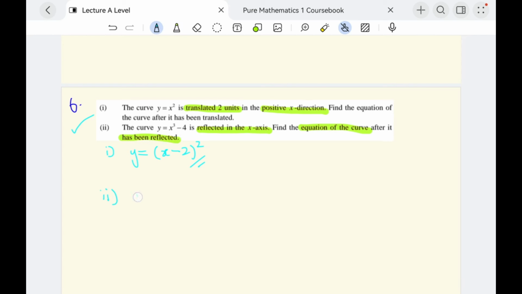Alright, so here you have the original graph. The question wants you to find the new equation of the curve after this transformation. Reflected in the x-axis means you need to negate the entire function. So here is your new transformation.